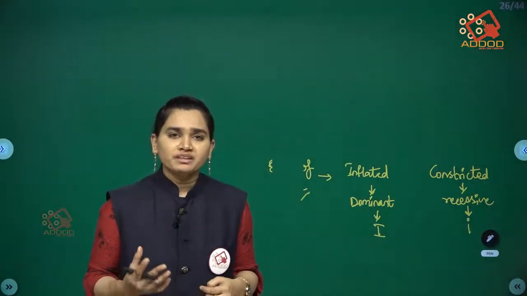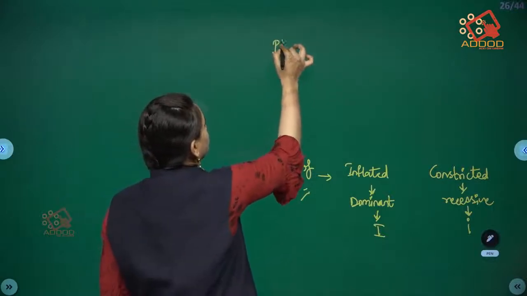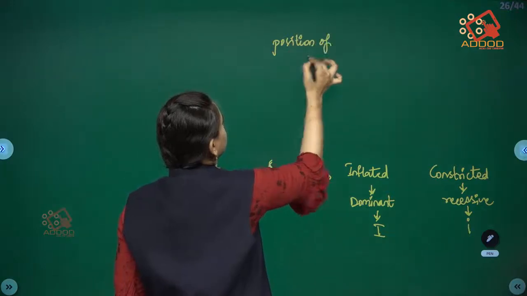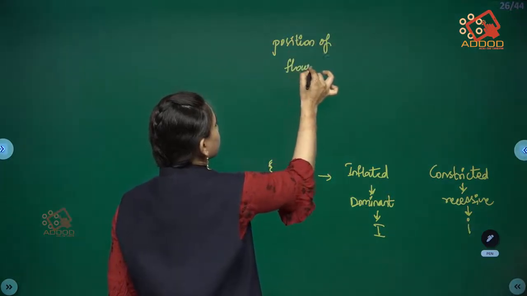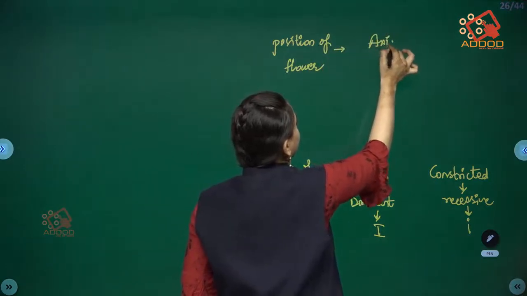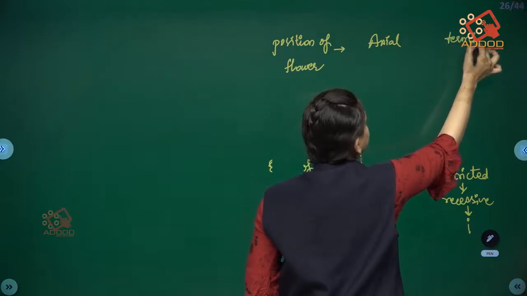Similarly, if I want to write the position of the flower, we have two positions, axial and terminal.